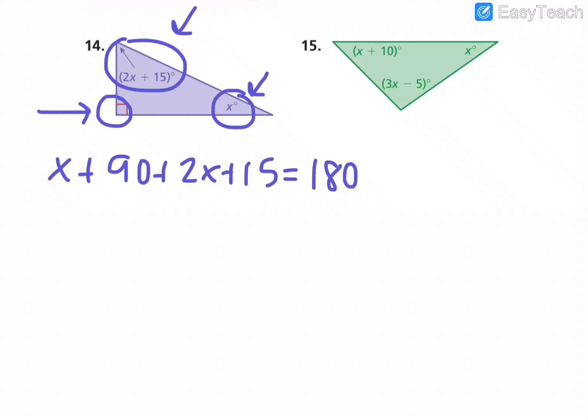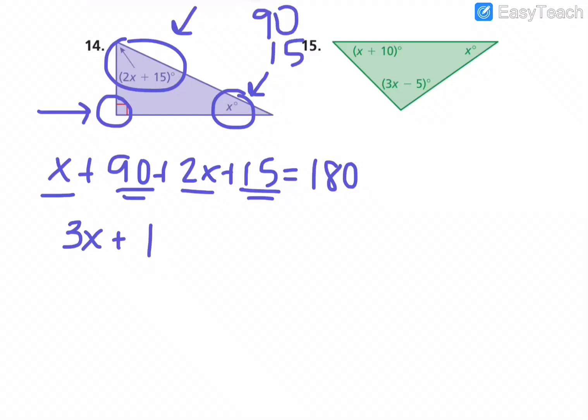So it looks crazy complicated, but really we're going to combine like terms and it's going to be a simple equation. So we have 1x and 2x, that gives us 3x, and then we have 90 and 15, and that's going to give us 105. And that equals 180.